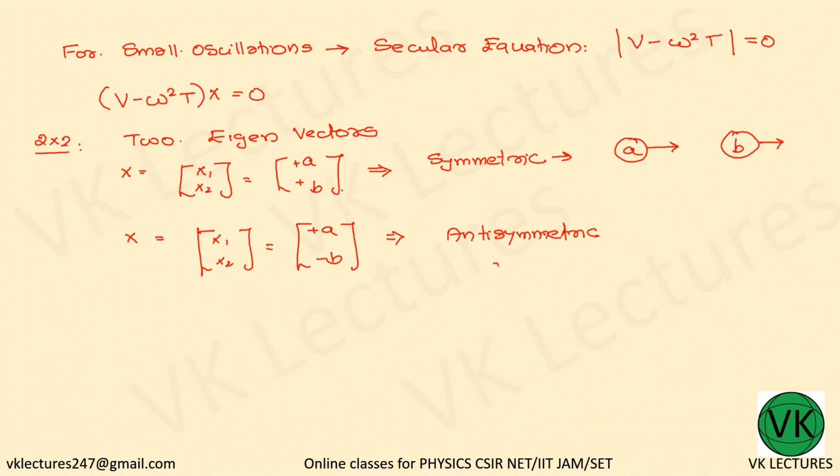Anti-symmetric oscillation. So the oscillation is anti-symmetric, which means one mass A moves in the positive x direction while B oscillates backwards, that means in this direction. So this is anti-symmetric oscillation. Now this is what we get from solving the eigenvectors, and when you get the omega square, it gives you the frequency of oscillation.